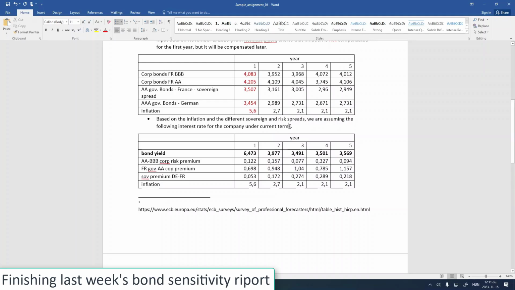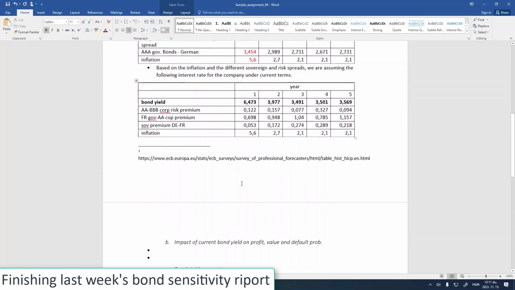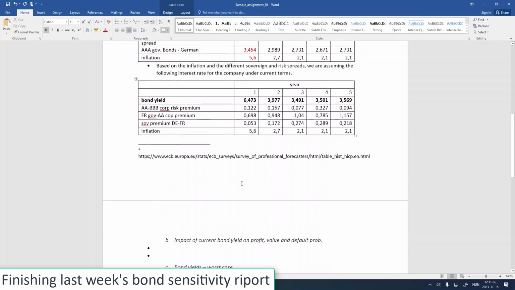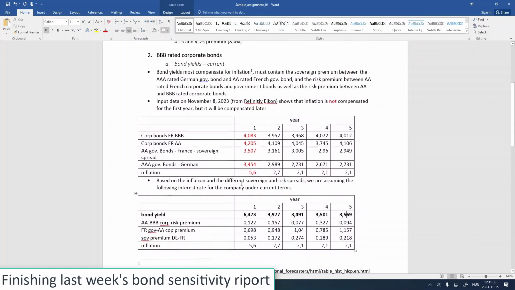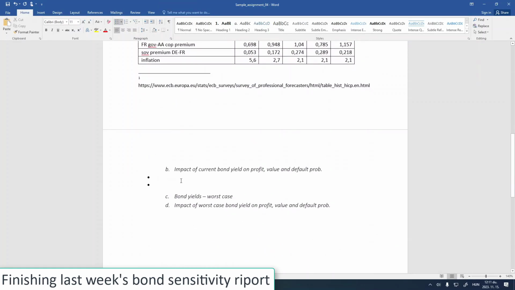And we finished here when we were saying that, okay, these can be the possible yields, which will determine the interest rates for the company, because it's easier to calculate this way. Now let's see what happens if we do a similar thing.